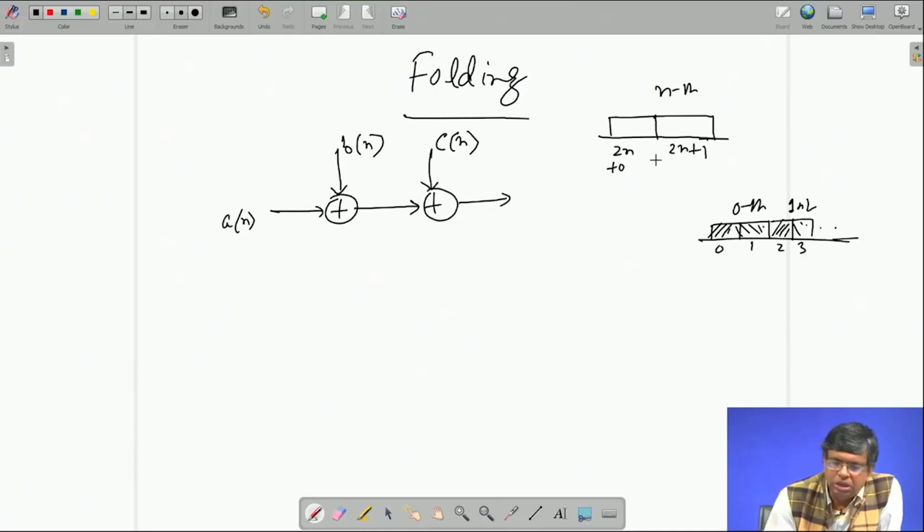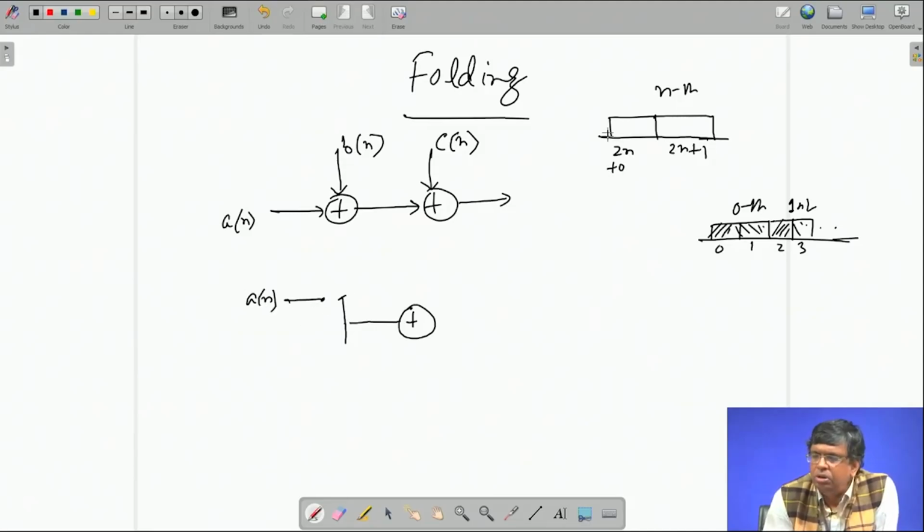Now, what we will do is this, we will use only one adder, but both the inputs will be switched. This will switch to an. An is coming over the whole nth clock, it is appearing here. But this switch is operating at a clock period half of the input clock period, like this.